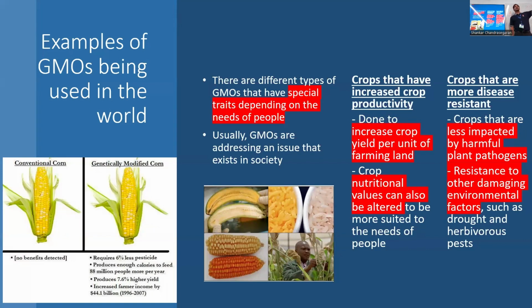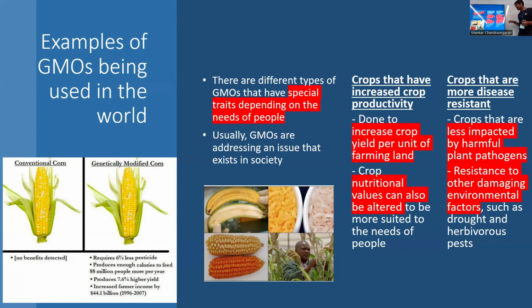So if a grain of rice had 5 grams of carbs before, just imagining, by modifying it, we might be able to make it have 7 or 10 grams, right? Essentially, that's what it is to modify the nutritional values. For crops that are more disease resistant, we can make them less impacted by harmful plant pathogens.